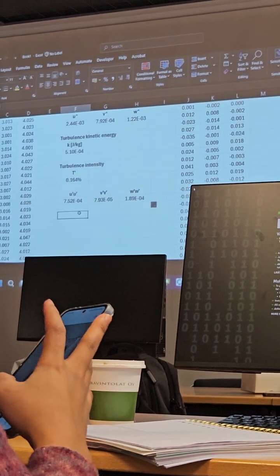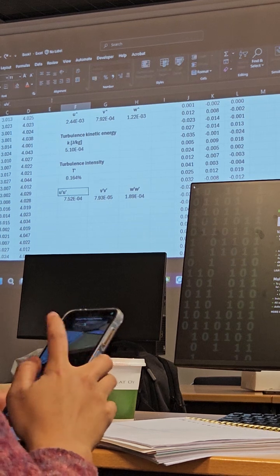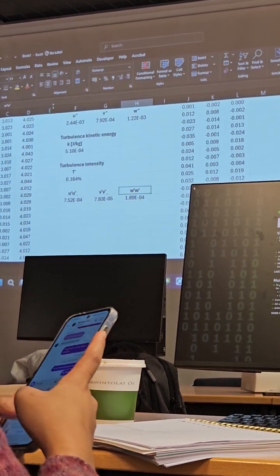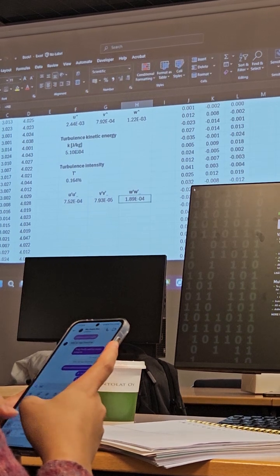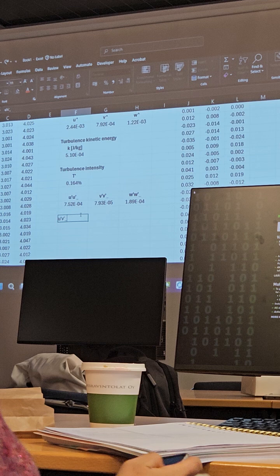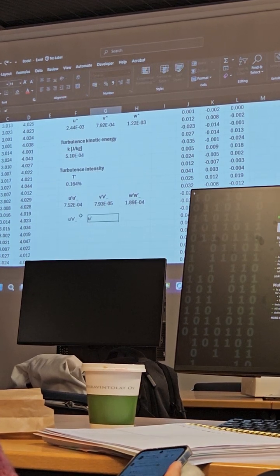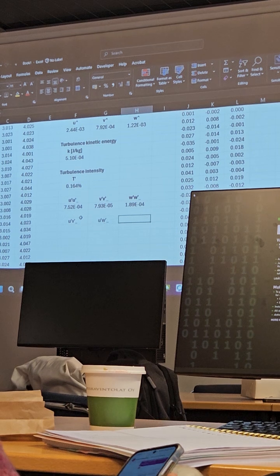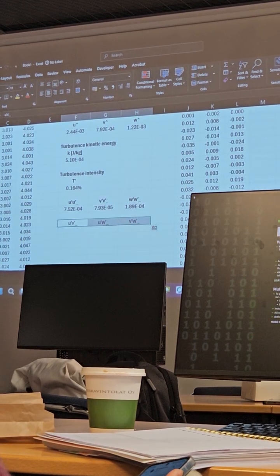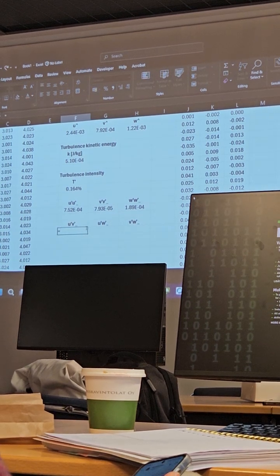And then the other terms are u prime v prime, with a bar over here, so that we mean that they are time average values. So then what we got here is u prime v prime, u prime w prime, and v prime w prime. And these are, once again, the time average.